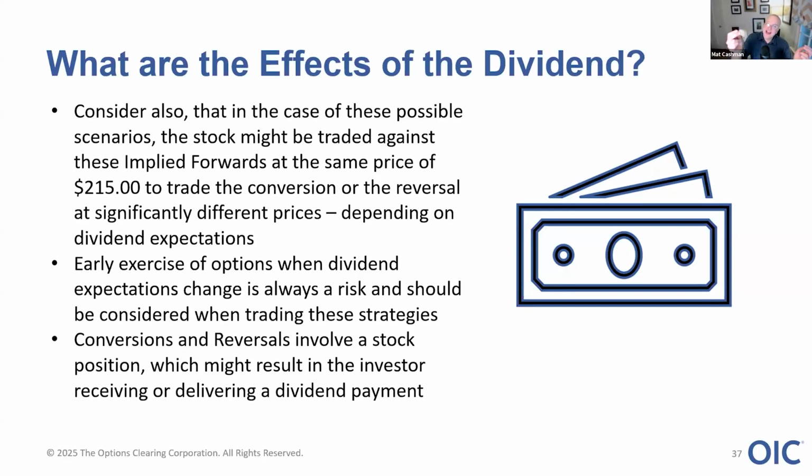But you can also see how if someone had the opposite position on, they might want to trade out of it if the dividend was changing. So you need to allow that to play into your risk profile as far as how you think about dividends possibly moving around in the background.